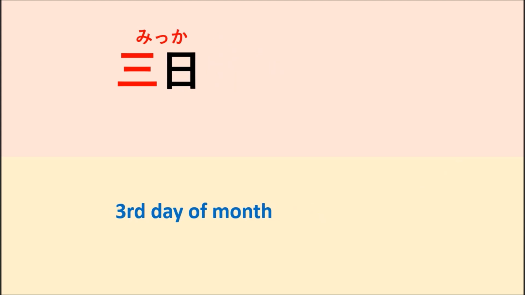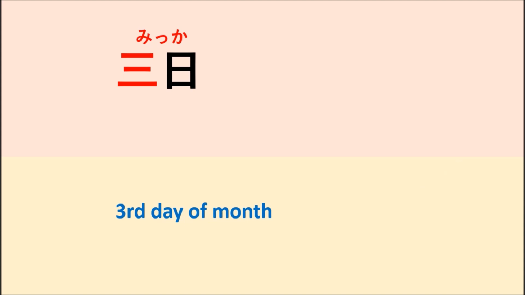3日 means the 3rd day of the month. The first kanji is from the kanji of sang. Sang means 3. And after sang comes the kanji nichi or hi, which means the sun or the day.